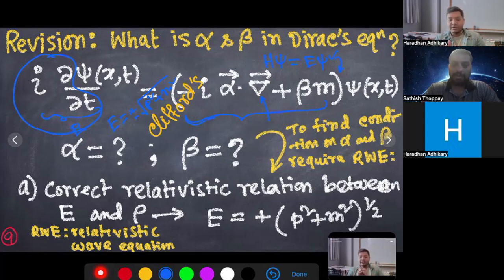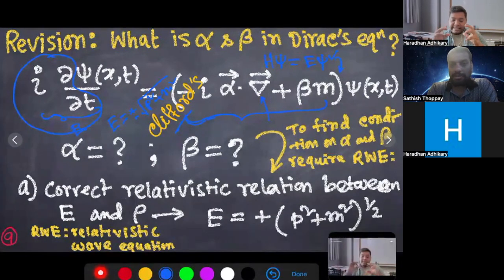Now the question was: from where did alpha and beta come into the picture? He needed coefficients, alpha and beta, that would completely follow the four-dimensional dynamics of space and time. An obvious choice for him was to construct some matrices which follow this four-dimensional algebra, which basically comes from the Clifford algebra.